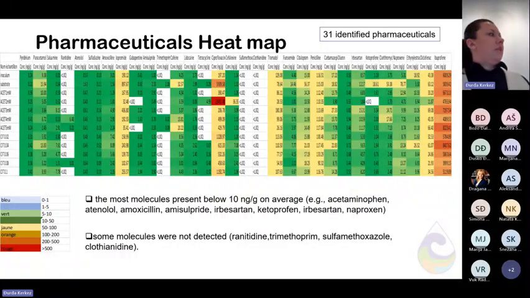For example, acetaminophen, atenolol, amoxicillin, ketoprofen, naproxen, etc. Some molecules were not detected.